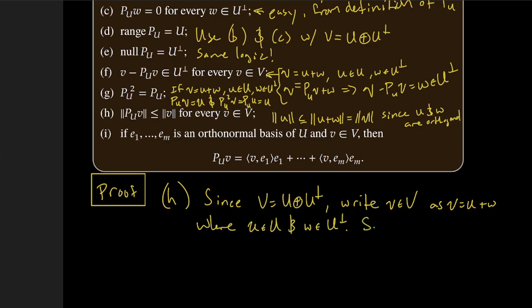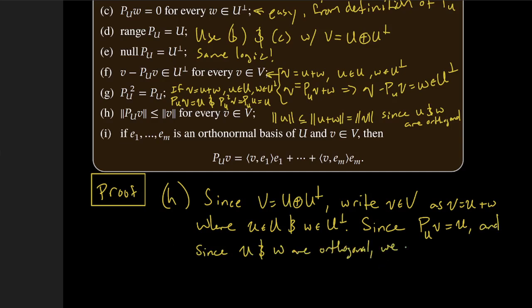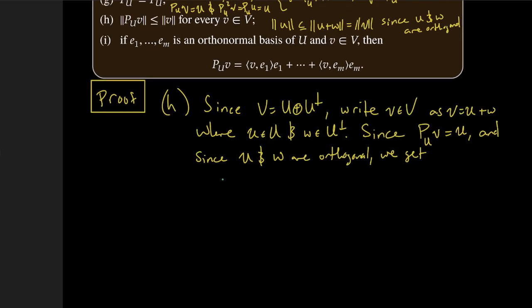Okay. Since P_U of v is defined to be equal to this little u right here, and since u and w are orthogonal, we get the following.